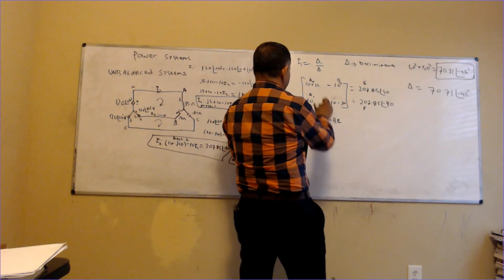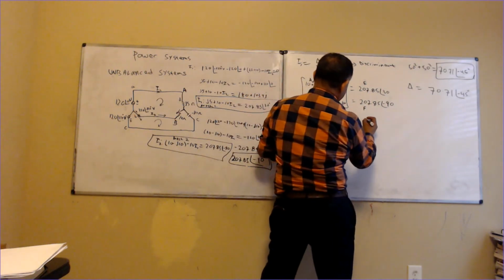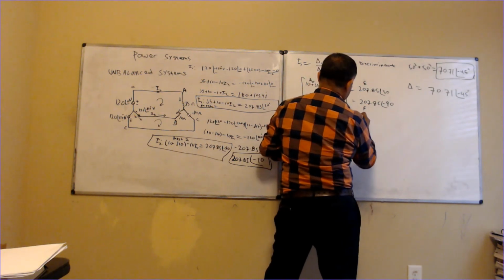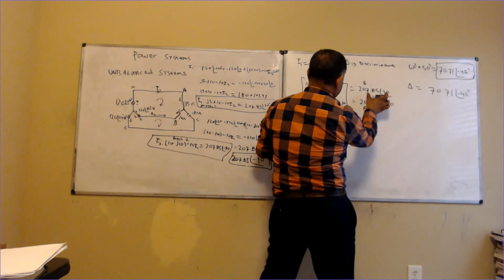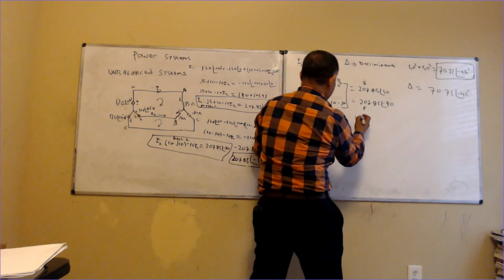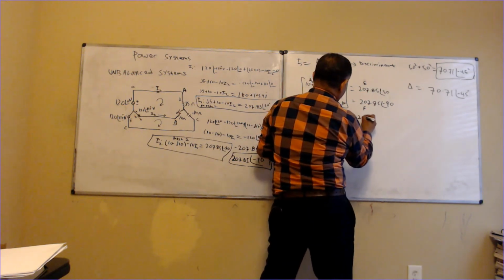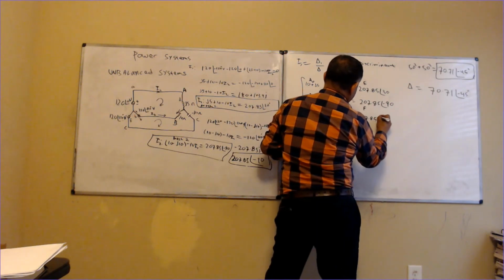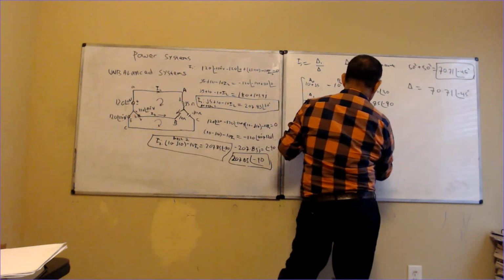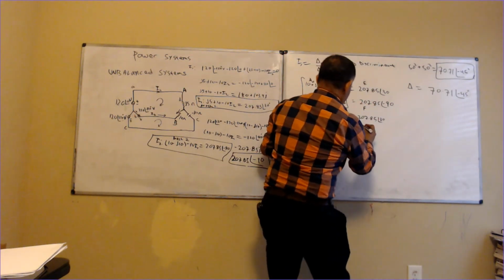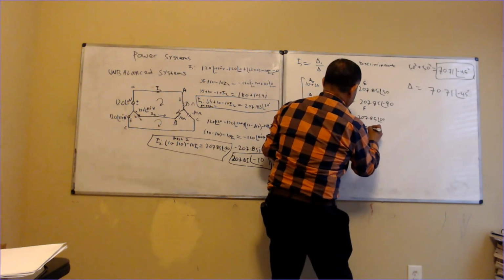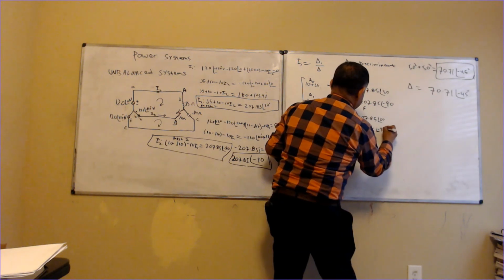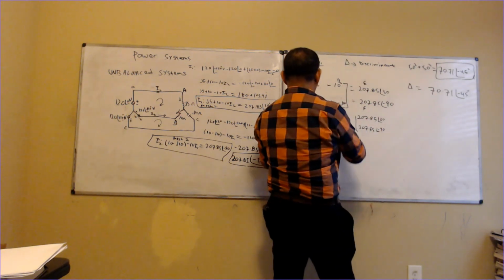So let's replace this, right? So I'm going to have something like this. I'm going to have this over here, and I'm going to have 107.85 angle 30 degrees, 207.85 angle 90 degrees, right?